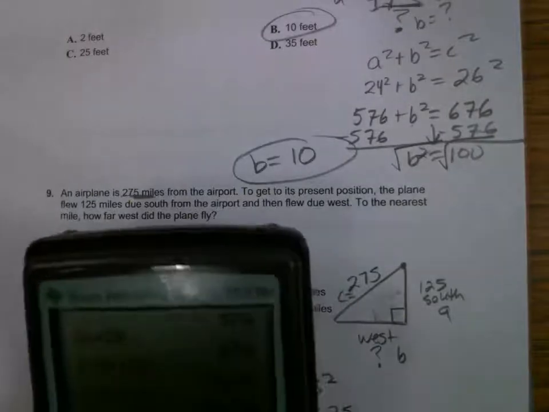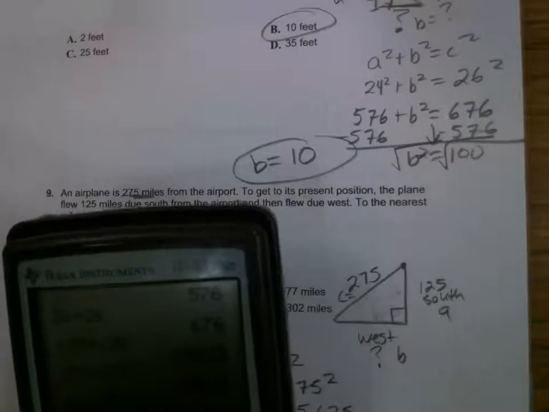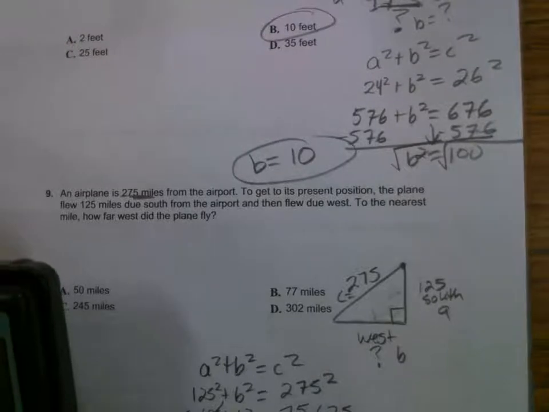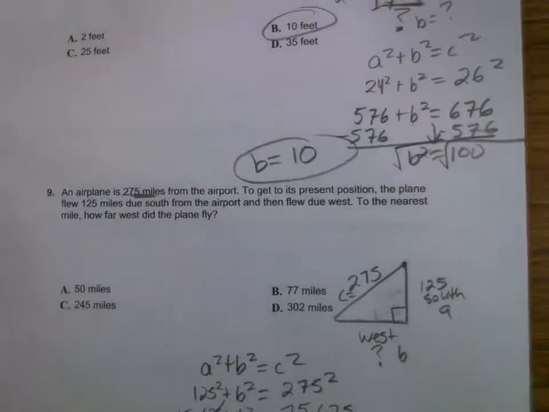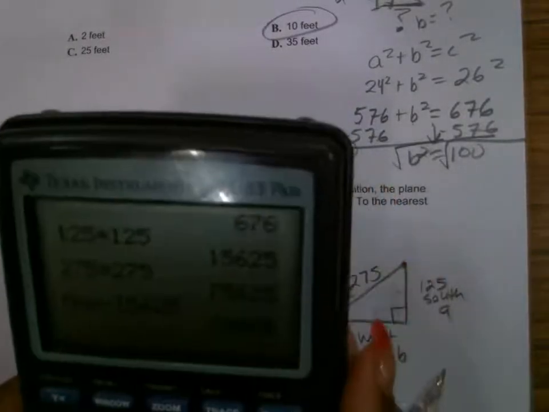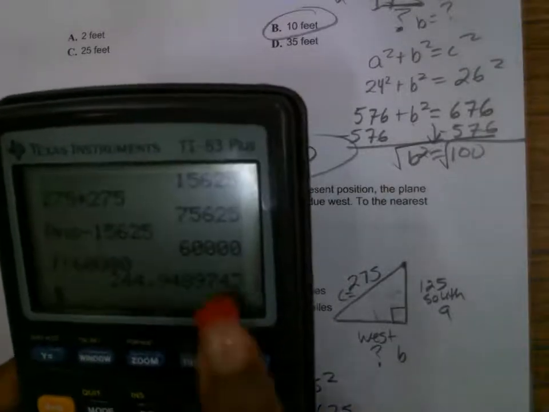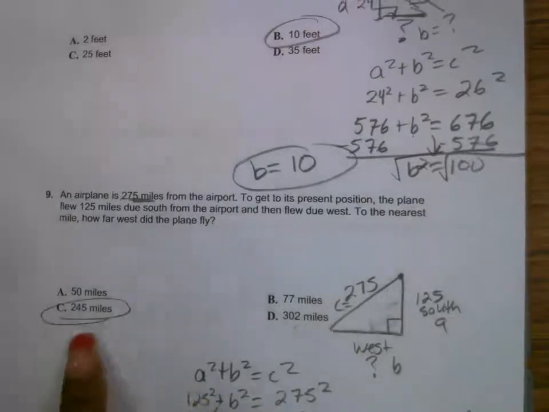And when I subtract 75,625 minus 15,625, I get 6,000. Well, sorry, 60,000. Tripping. Okay. So now I'm going to find the square root of 60,000. So let's do that. Square root 60,000. Make sure I have enough zeros. And that gives me about 244.9 miles. So it's about 245. So C is your answer.